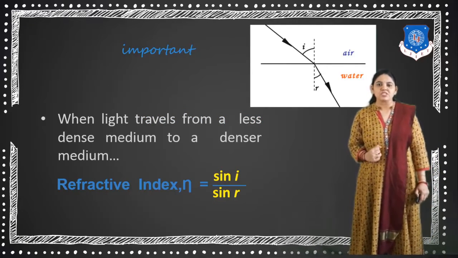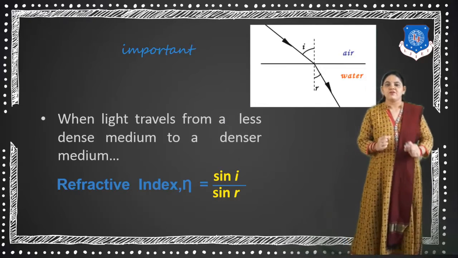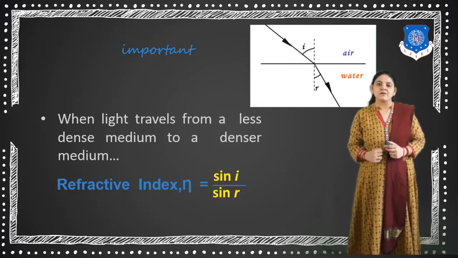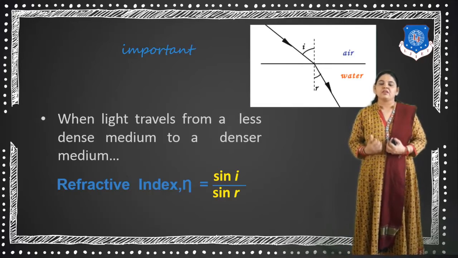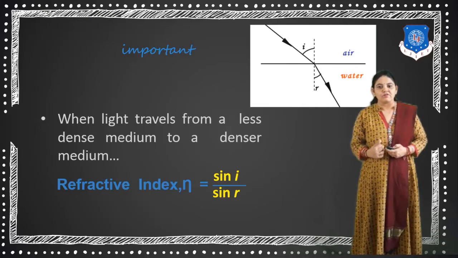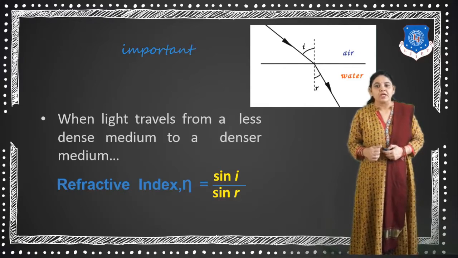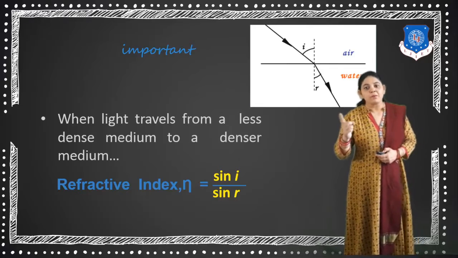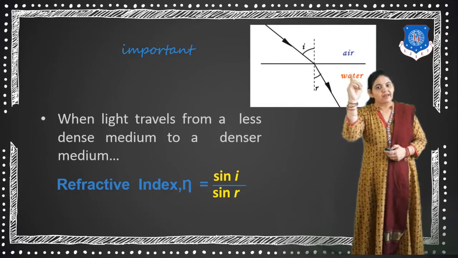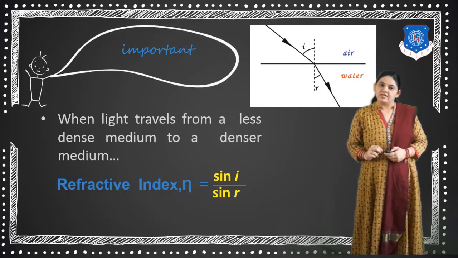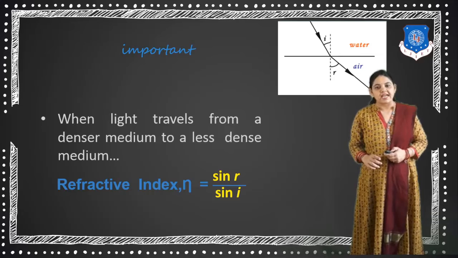So this is about another example. The important thing to remember is that when light travels from a less dense medium to a denser medium, the refractive index is always sine i upon sine r. So from a less dense medium to a higher density medium, meaning from air to water, the equation is eta equal to sine i upon sine r.